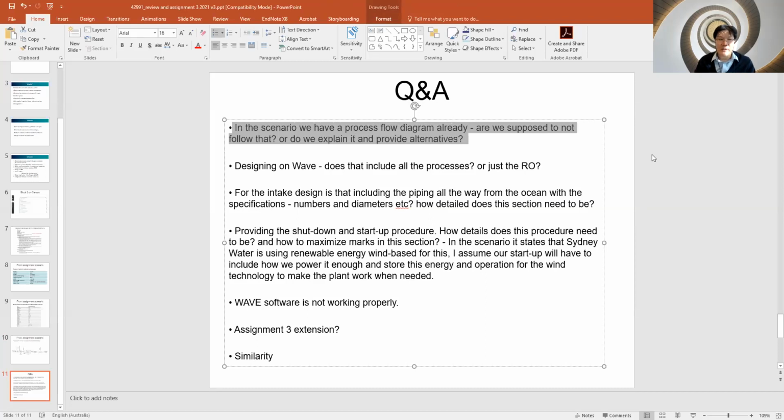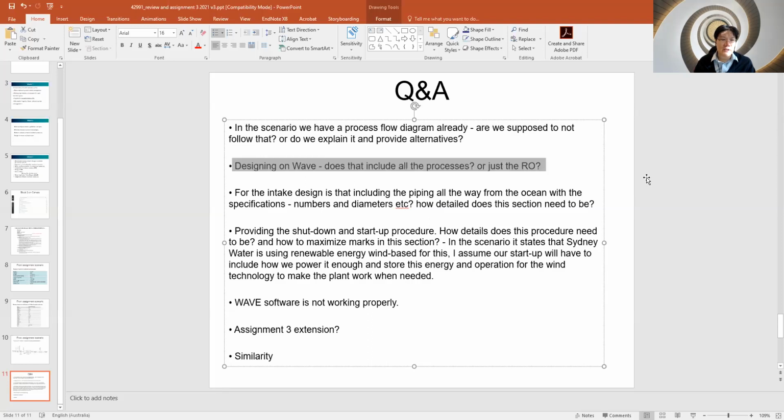This question I already covered in the previous slide. You can use it as it is, or you can use an alternative. Both are correct. So you can use whichever you are more confident in, and which you believe is more cost-effective and energy efficient. You can select your preference, and then you can design.